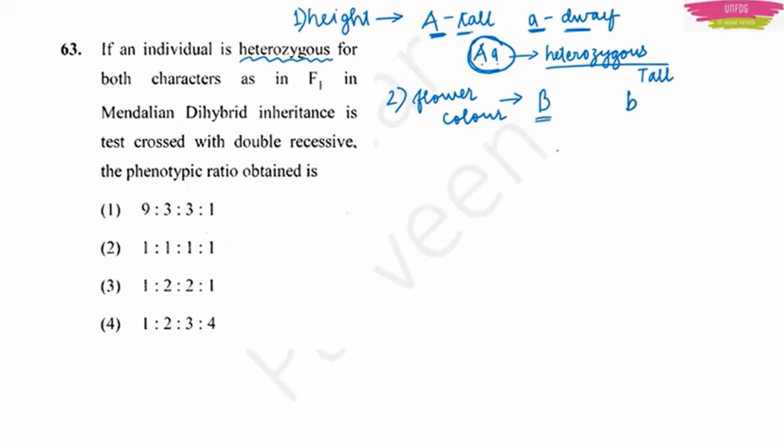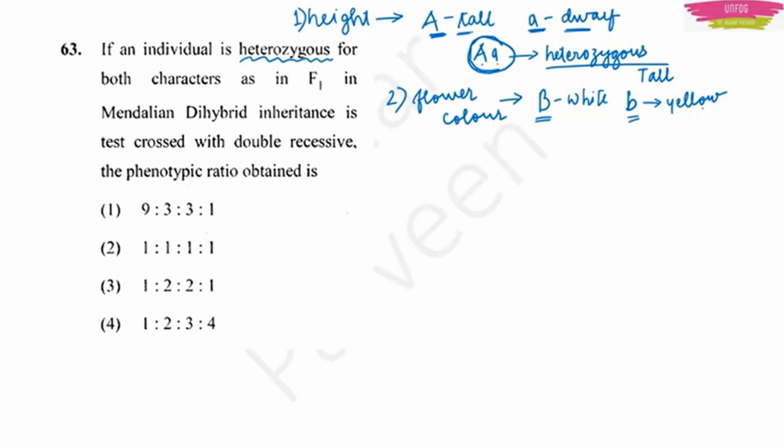Capital B is a dominant character, so we'll take it as white color. Small b is the recessive character, and let's take this recessive as yellow color.